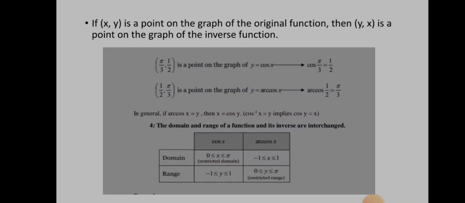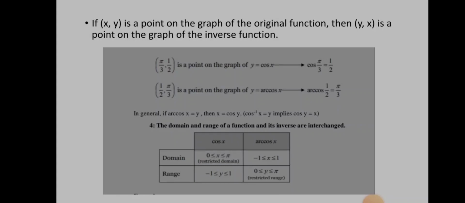So the domain of arccos x is greater than or equal to -1 but less than or equal to 1. And then the ranges will interchange.